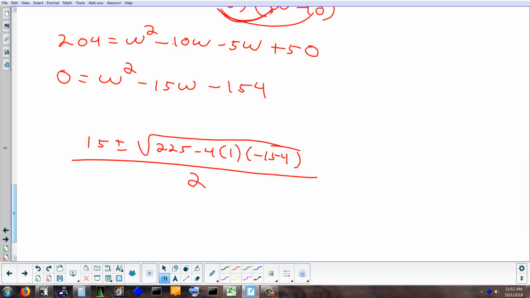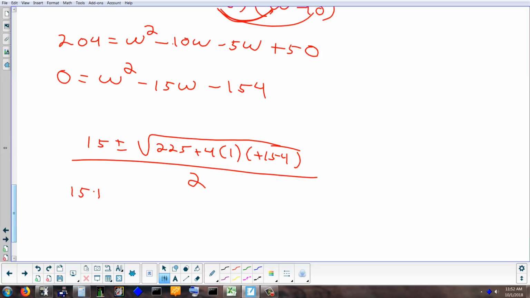Kylie, what can I do under the root that came up in a problem before? The negative 4 times 154. What's going to happen when we do a negative 4 times a negative 154? Plus. So I'll just cross it out, make it plus right away.